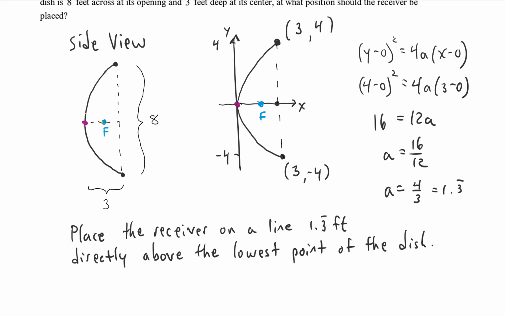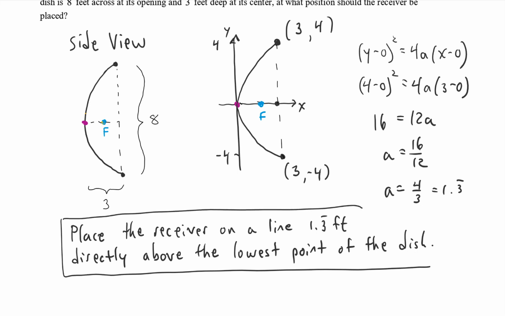It's kind of hard to describe, I guess, but basically we want to place it about 1.3 feet repeating. You have to round that, of course, in real world measurement. So I place the receiver on a line 1.3 repeating feet directly above the lowest point of the dish. Kind of hard to describe where that is. If you actually had the dish in front of you to look at, it'd be a little bit easier to explain. But that's where they should put the receiver to collect all the signals that come in and hit that dish.